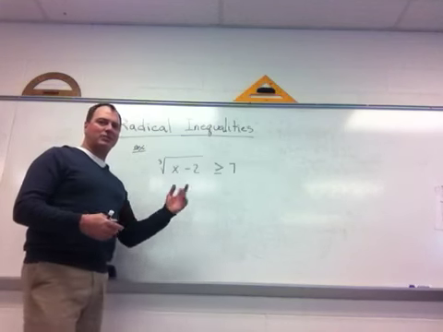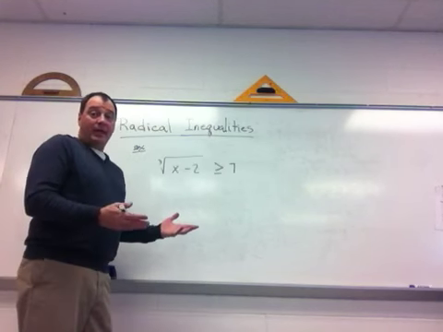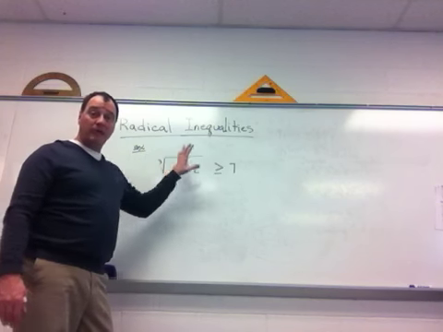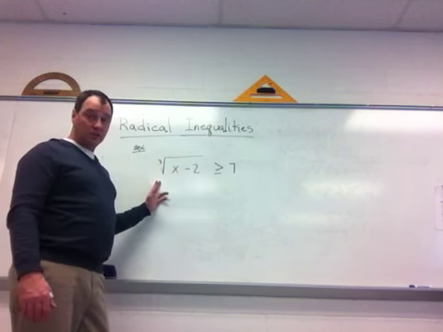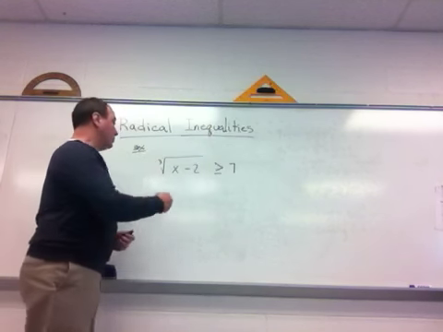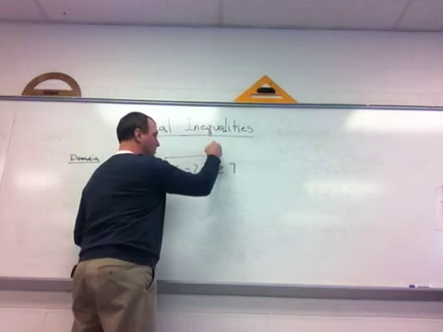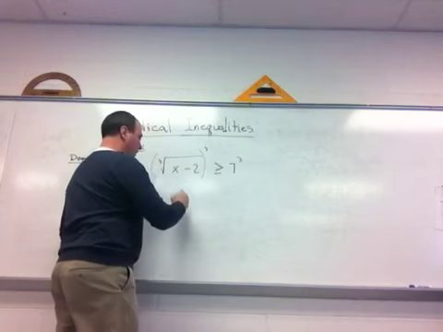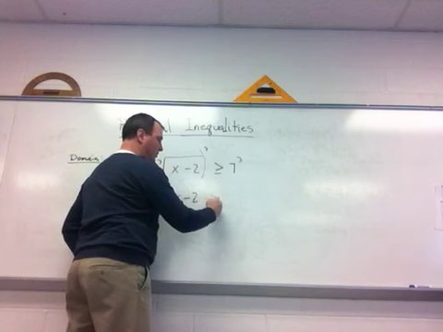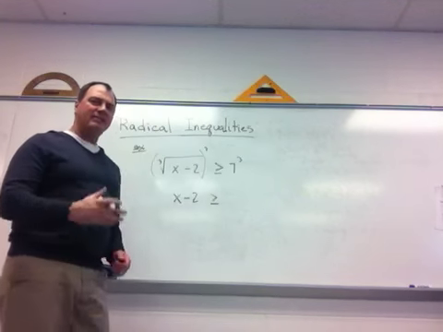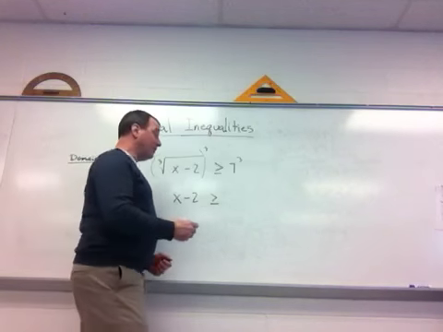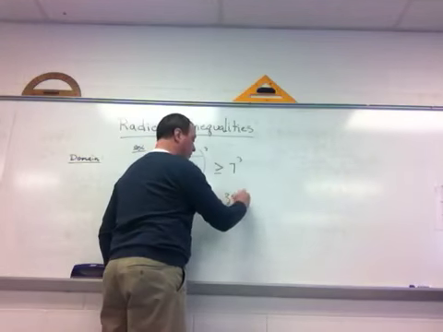I can just attack this problem like any other problem by cubing both sides, because the inverse operation of cube rooting is cubing. So I'm going to raise both sides to the third power, and this leaves me with this expression. 7 to the 3 is 7 times 7 times 7, which gives us 343.